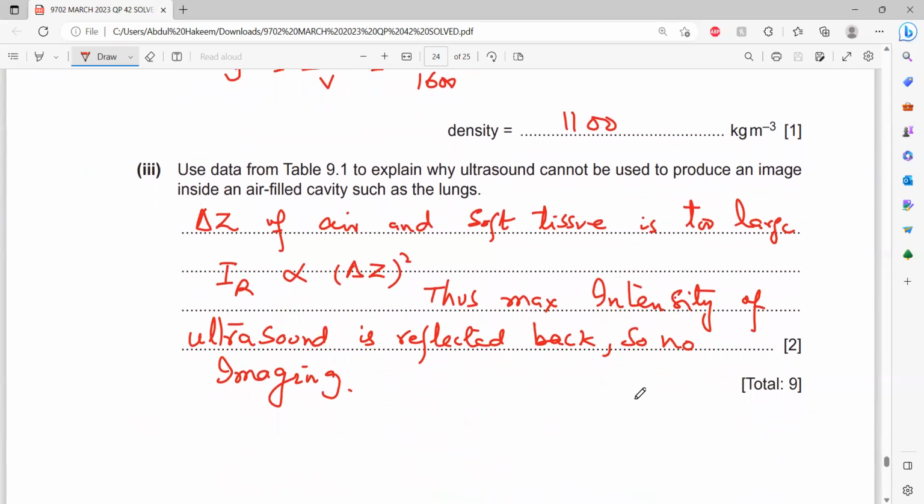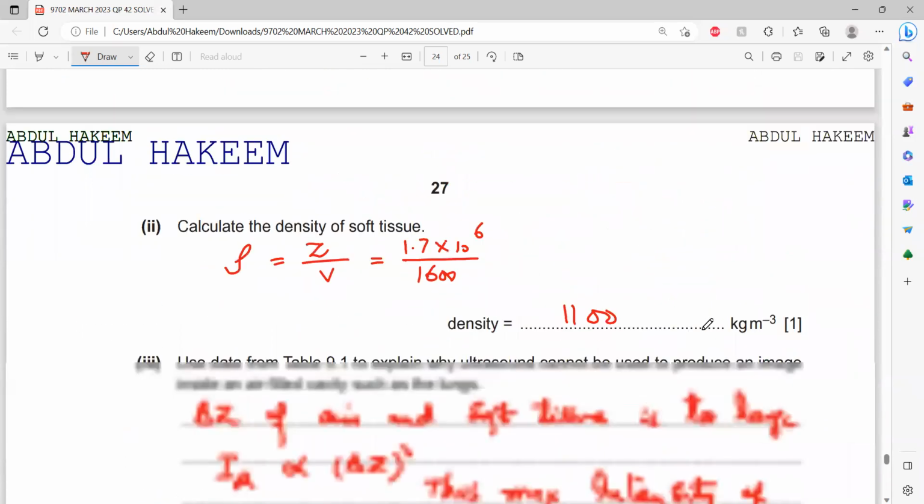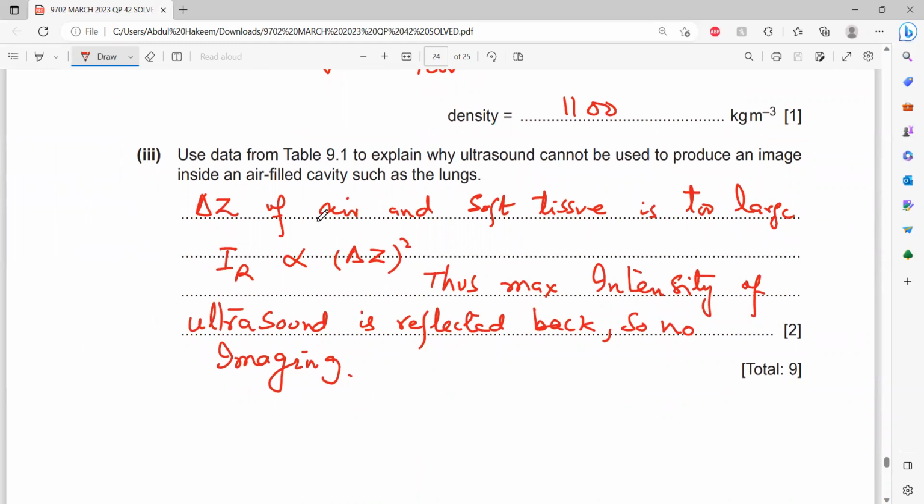Next, use data to explain why ultrasound cannot be used to produce an image of the air. Actually, transmission of the ultrasound in the patient's body depends on differences in acoustic impedance. Here, look at this, a huge difference, 10 power 6 and 10 power 2. Due to this large difference between the air and the soft tissue acoustic impedance, the majority of the ultrasound intensity is reflected back.